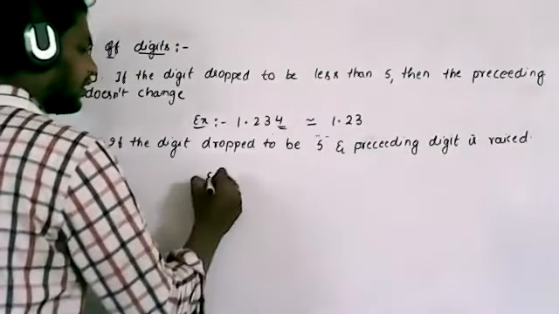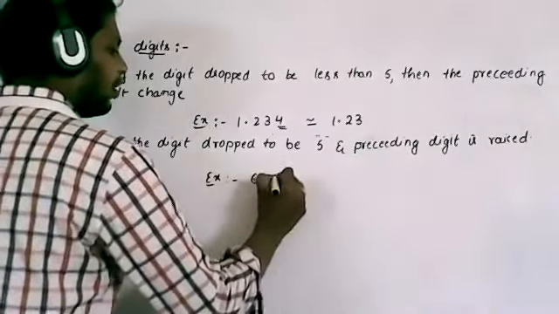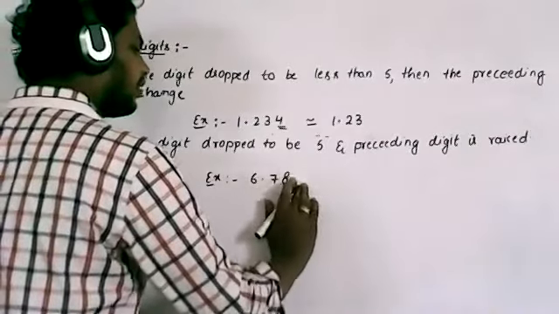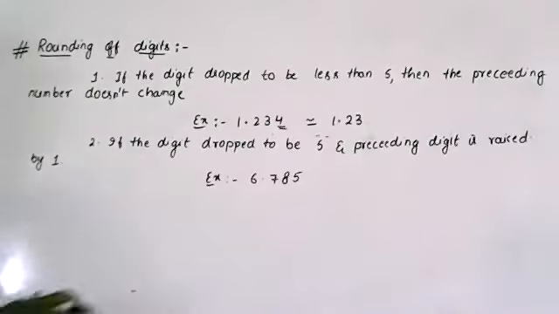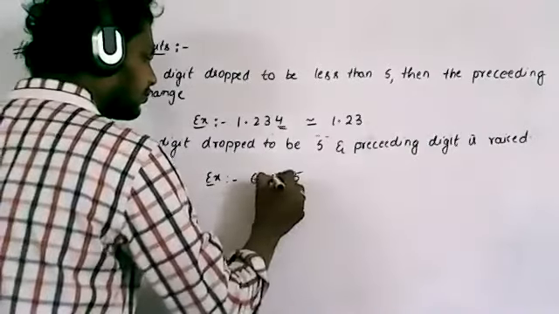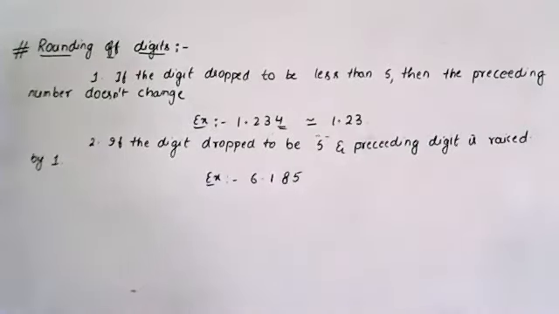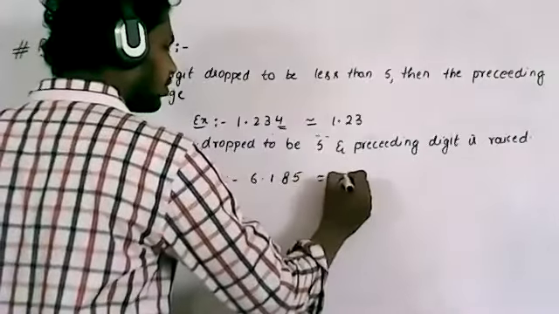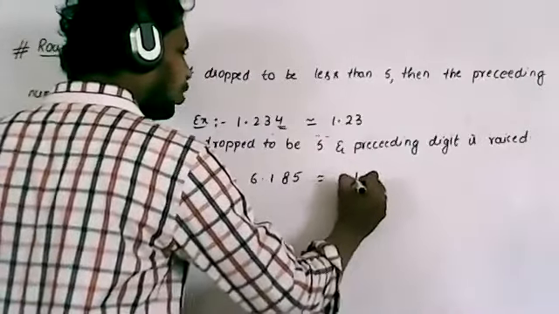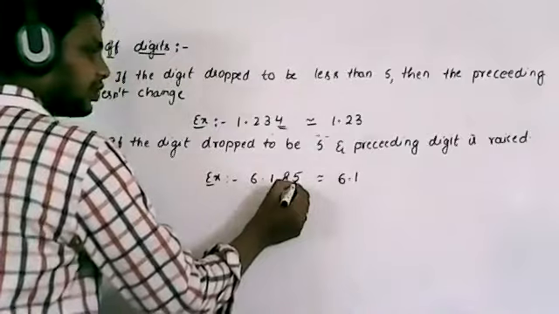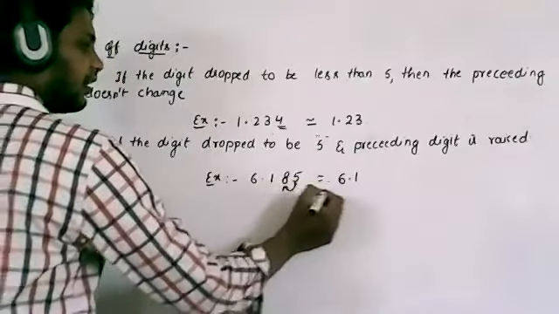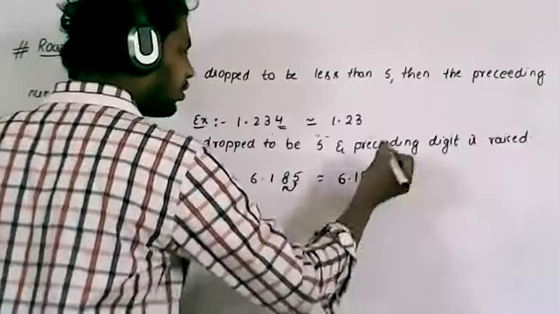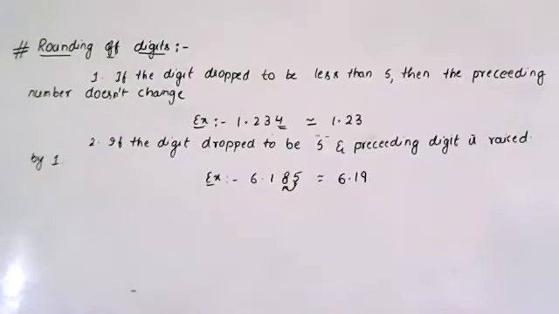For example, I will take 6.185. Here the dropped digit is 5, so you can increase the preceding number by 1. Therefore it is 6.19. So this is the next rule.